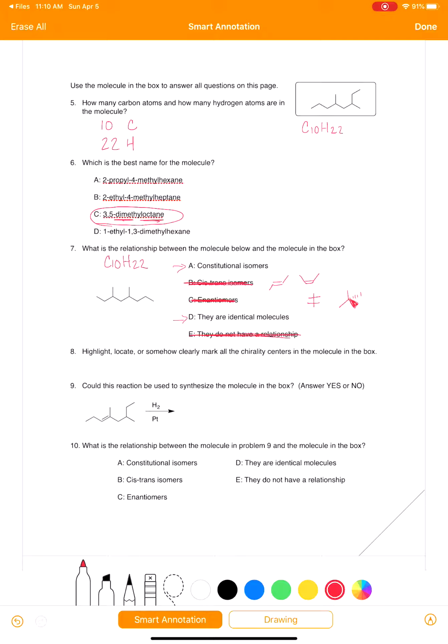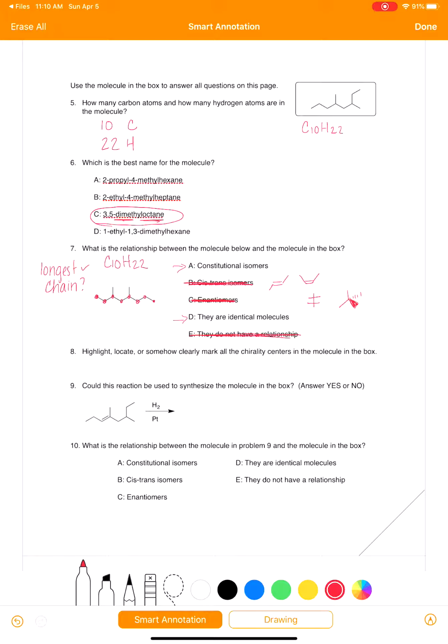To figure out if they are identical or constitutional isomers, we have to look at the longest parent chain. So the longest chain. And for the molecule in the box, our longest carbon chain had 8 carbons. So let's see if that's true down here as well. 1, 2, 3, 4, 5, 6, 7, 8. So that's the same.